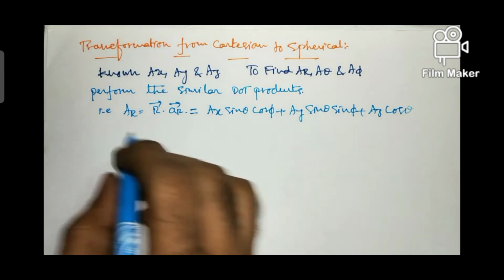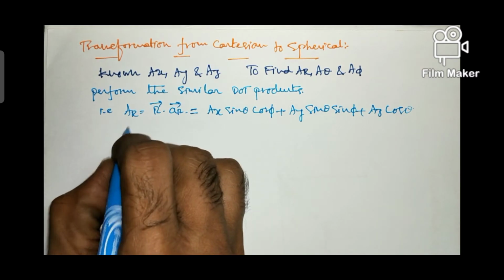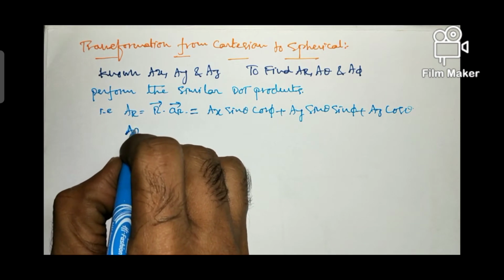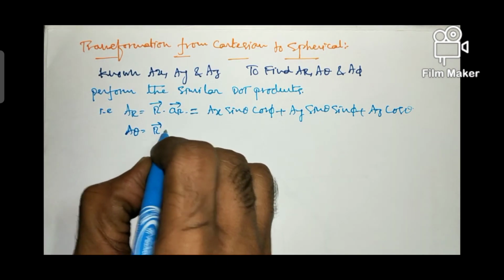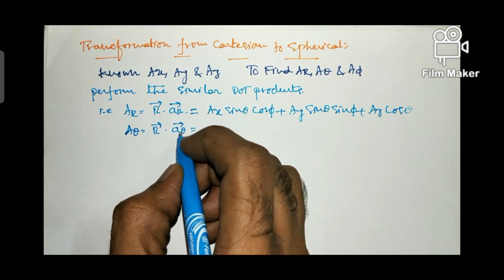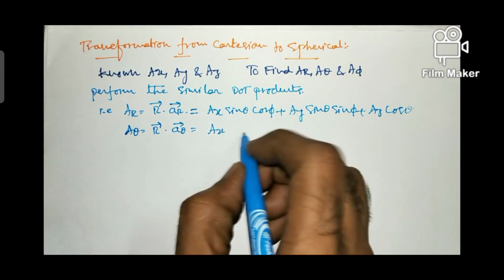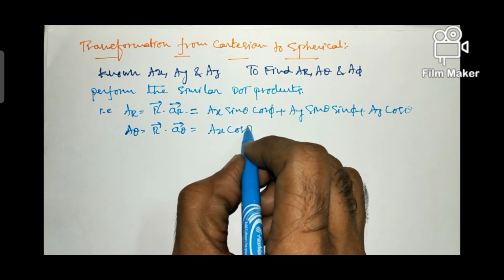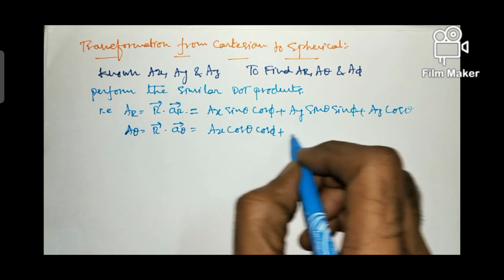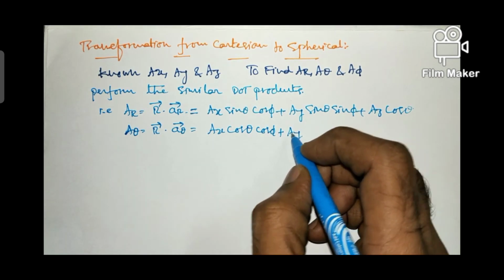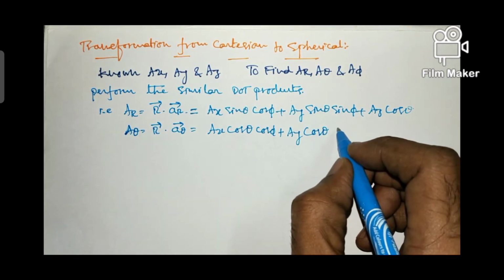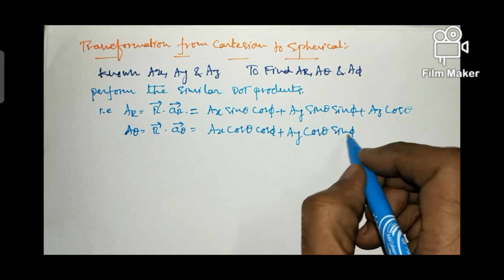How to perform this dot product we have seen in the previous case. We have to follow the same steps here also. The magnitude of A theta can be found out using the dot product of r bar and a theta bar, that is the unit vector along theta, which gives rise to Ax cos theta cos phi plus Ay cos theta sin phi minus Az sin theta.